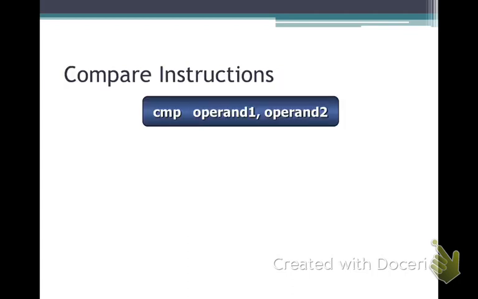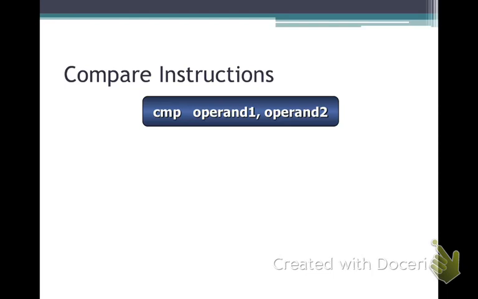All right, so let's show you a compare instruction. Compare is going to do the same thing as subtraction. The only difference is it is not going to change the value of either operand. So it will do the subtraction, set the status bits in EFLAGS, but will not change either of the operands.